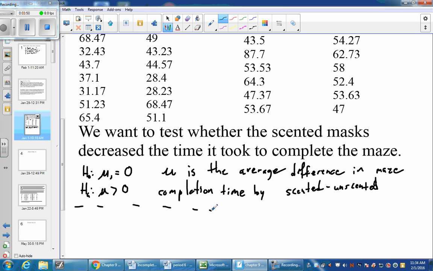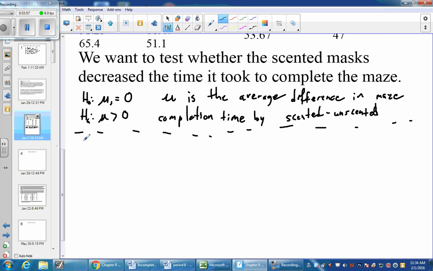Now let's look at our conditions. Does the data come from a random sample? I'm pretty sure that answer is no. Data do not come from a random sample.